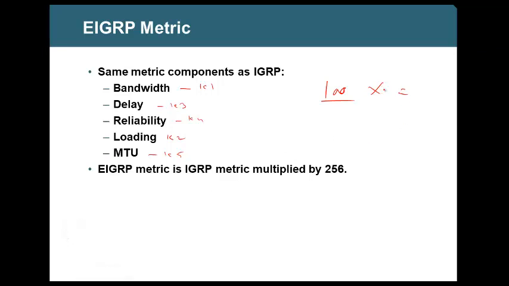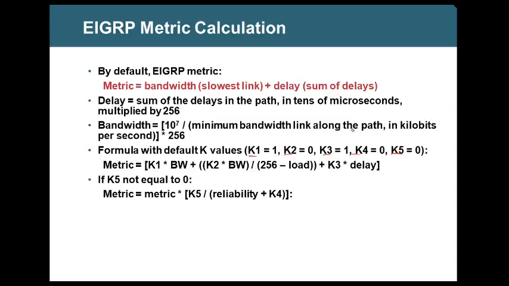Bandwidth is 1, delay is 1, and others are 0. That's what you will see in the picture here, in the algorithm. K1 is 1, K3 is 1, all the rest are 0, which means they are not considered.